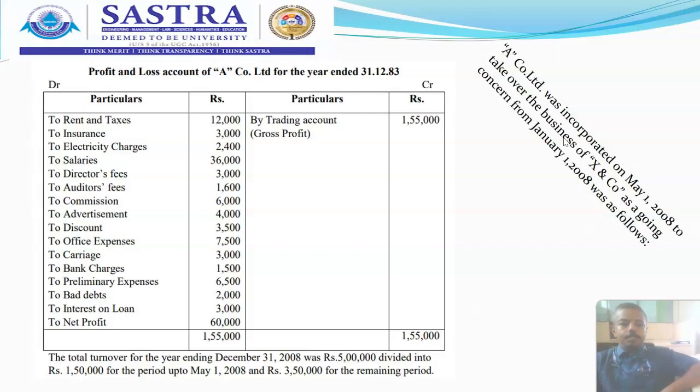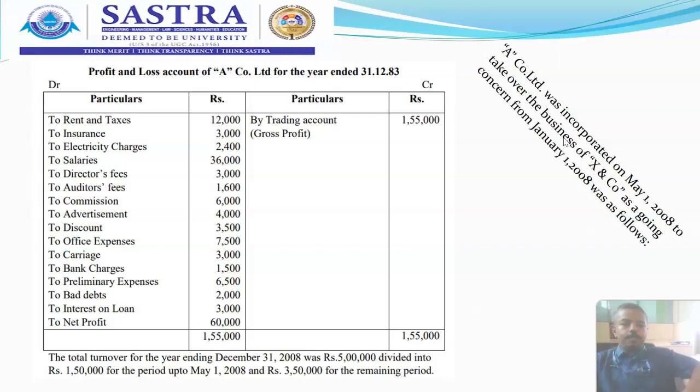The time ratio: till 1st May, that means January, February, March, April, so 4 months is the pre-incorporation period. From May 1 till December, that means May, June, July, August, September, October, November, December, totally 8 months.